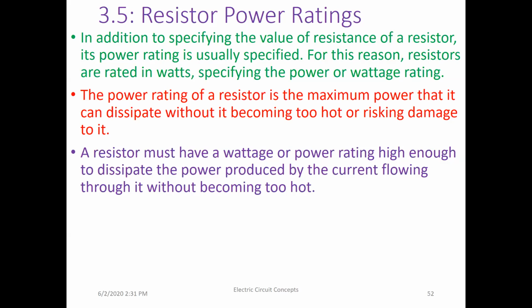The word rating means either the ampere rating or current rating, resistor rating or power rating, or voltage rating. The rating means the maximum value that the machine or the device or the resistance can handle. For example, if I buy a machine of 120 volt, this machine requires 120 volt.